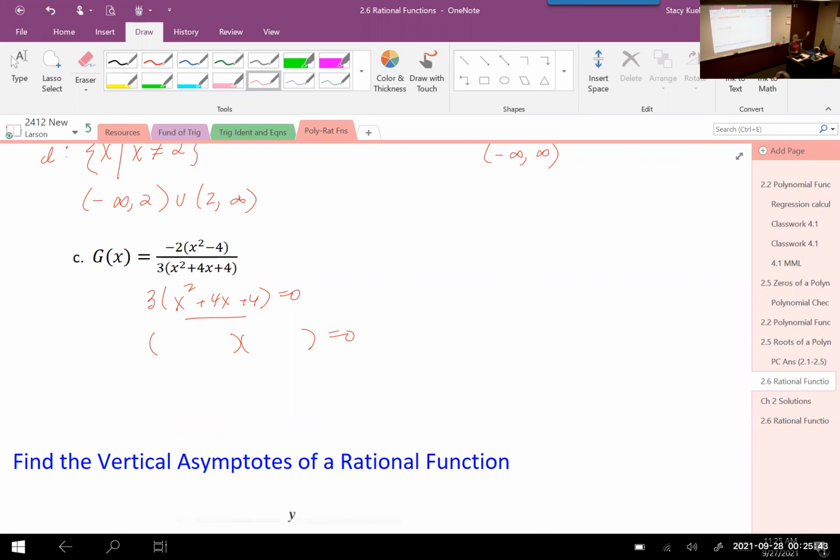So this is a perfect square trinomial, as a matter of fact, right? So this factors into X plus 2 quantity squared, or X plus 2 times X plus 2. Solving this, I can say that X is now equal to -2.